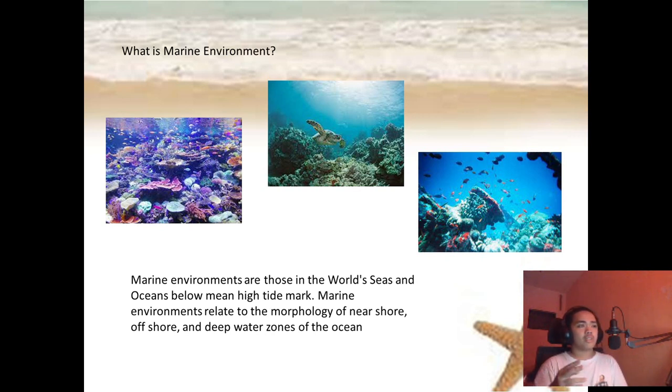So, marine environment is the life in the ocean. Not only life, but the rocks, the corals, everything around the ocean. That is a marine environment that supports or gives life to the environment that the marine life has.